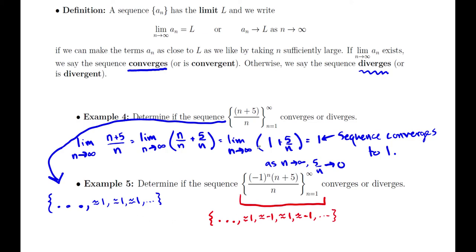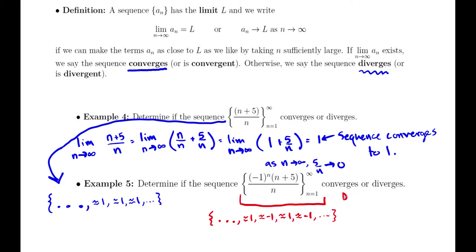Now, this alternating sequence might have been okay if this thing was settling to 0. If I was going a little bit above 0, a little bit below 0, a little bit above, a little bit below 0, then we could think that it's probably going to settle down to 0 eventually. But since this settled down to something other than 0, it is not going to be convergent.